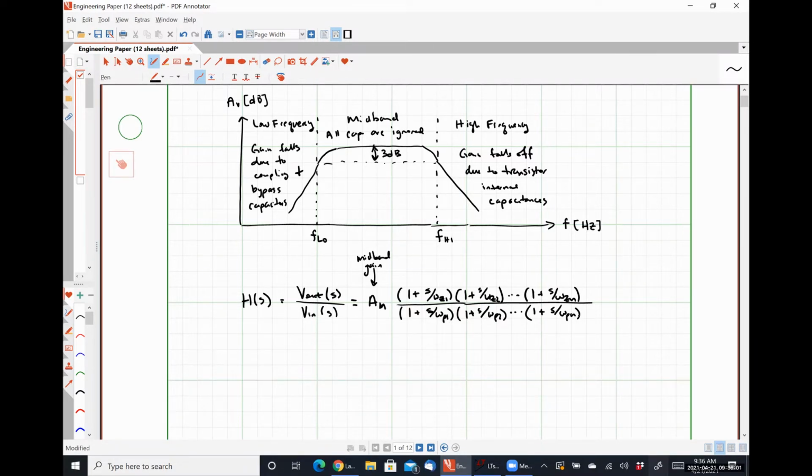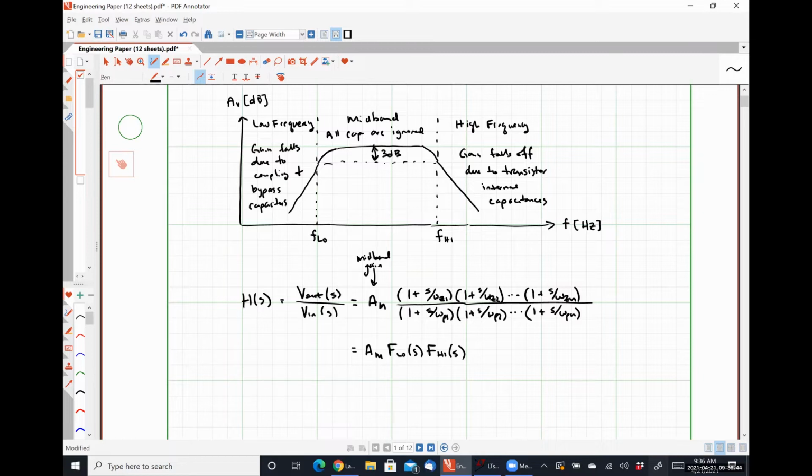Now, what is interesting is that some of these poles and zeros may be associated with frequencies below the midband, and some of them may be associated with frequencies above the midband, such that we can write our transfer function as AM times F low as a function of S, times F high as a function of S. Because we can separate these things, this allows us to analyze the circuit only at the low frequency band, only at the high frequency band, and only at the mid band.